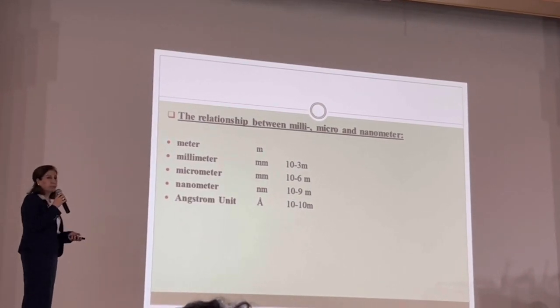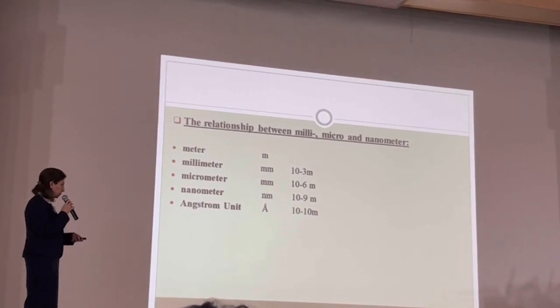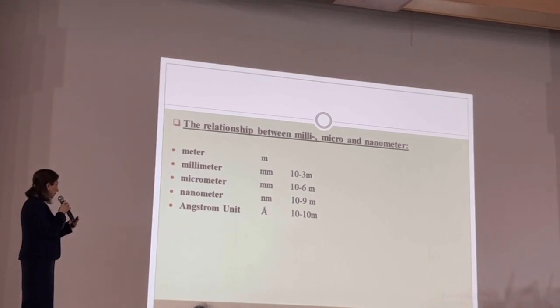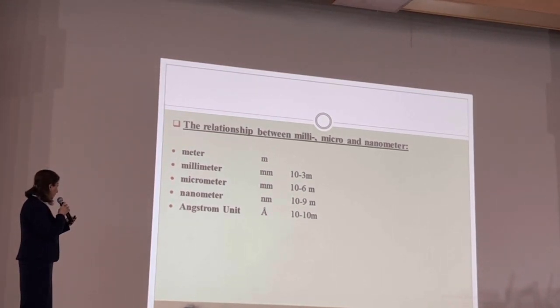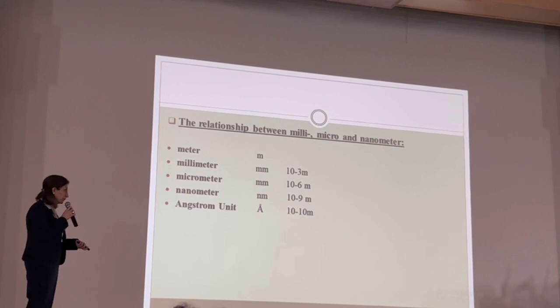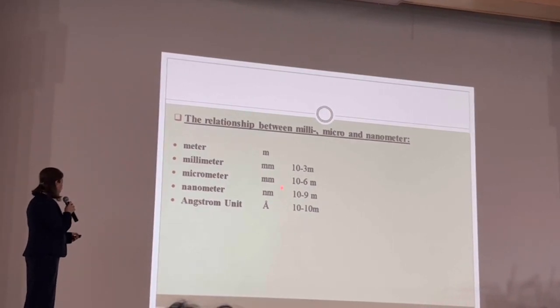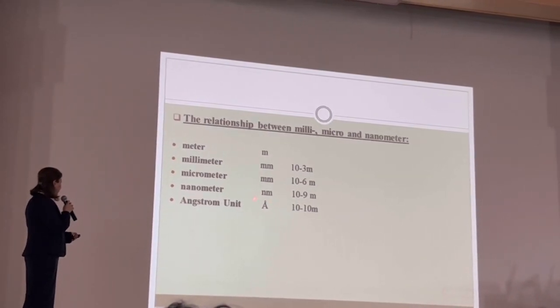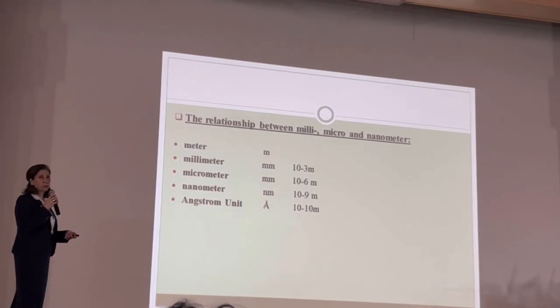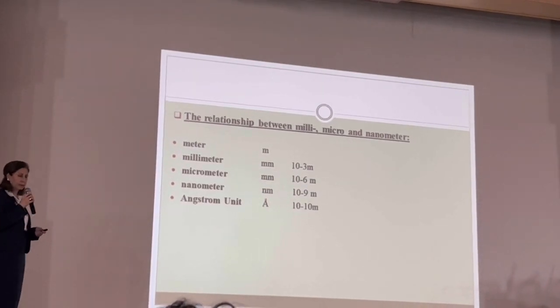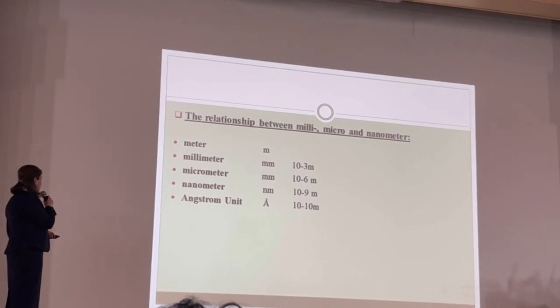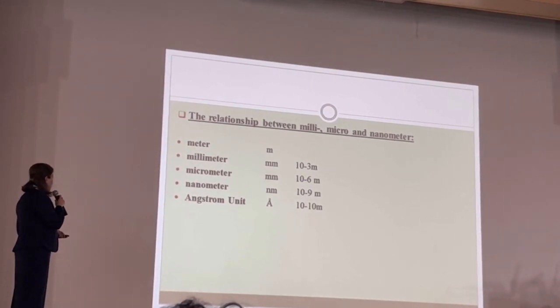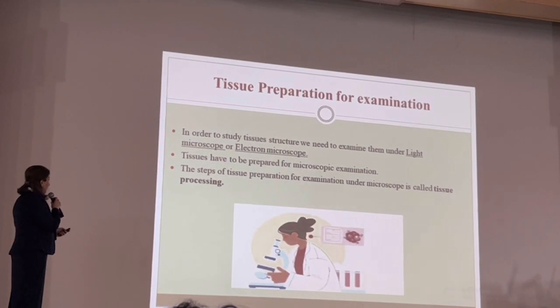Nanometer is 10 to the minus 9 meter, and the angstrom unit is represented by this letter A with a small circle. It is equal to 10 raised to power minus 10 meter. So these are the measurements used in studying tissues in histology.